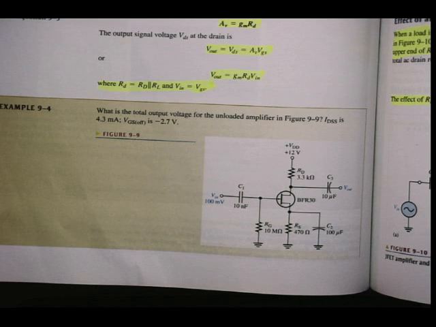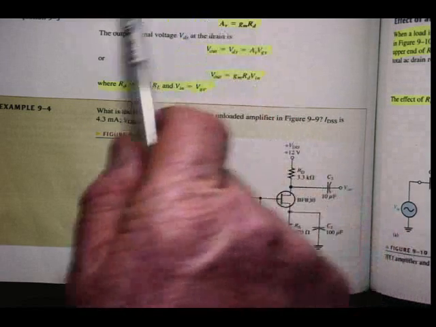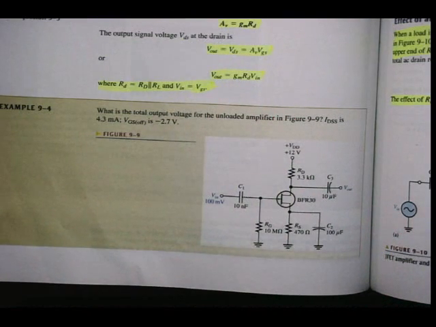Notice that the positive VDD end of RD and the source terminal are both effectively at AC ground. Recall that in an AC analysis, the AC ground and the actual circuit ground are treated as the same point, as we can see here on the circuit as well.